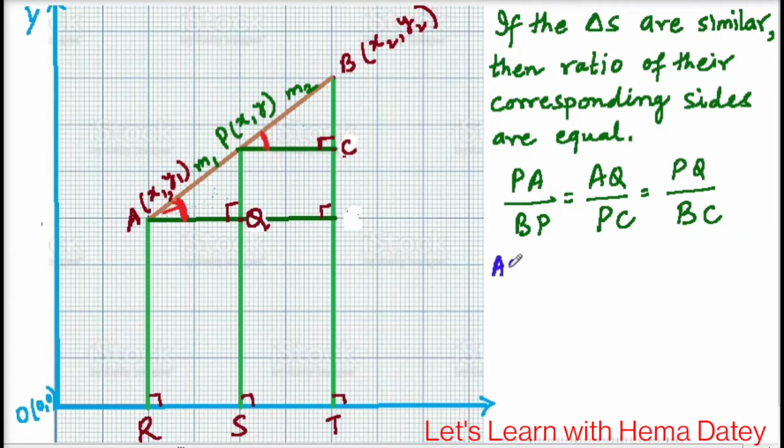PA upon BP is m1 ratio m2. Now AQ is equal to RS. RS can be written as OS minus OR.